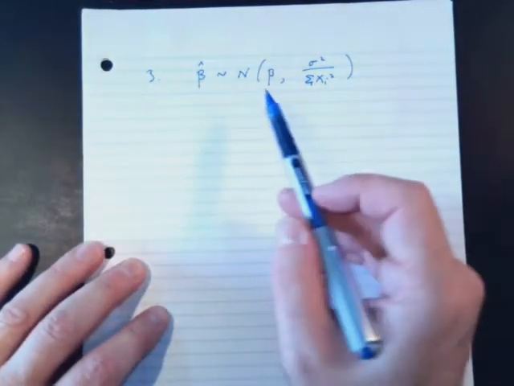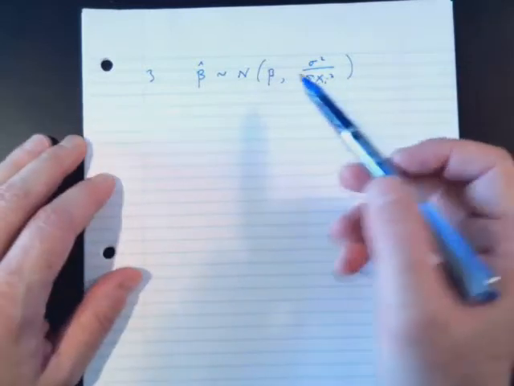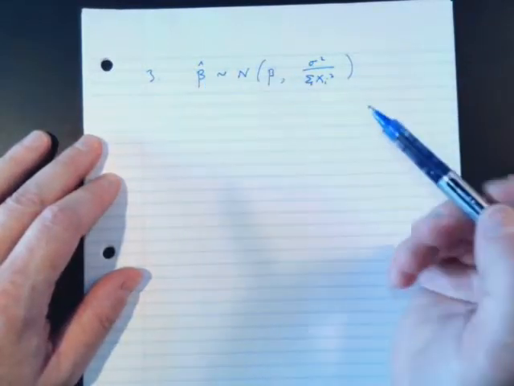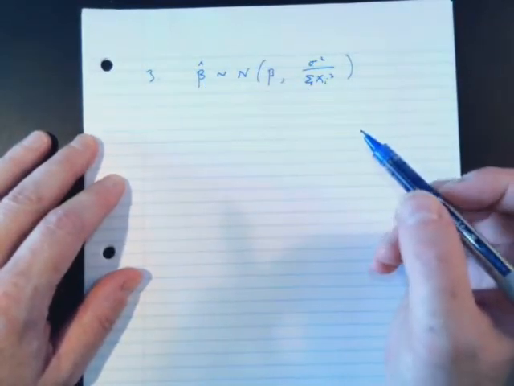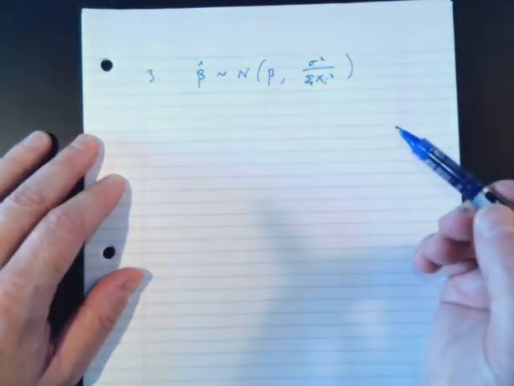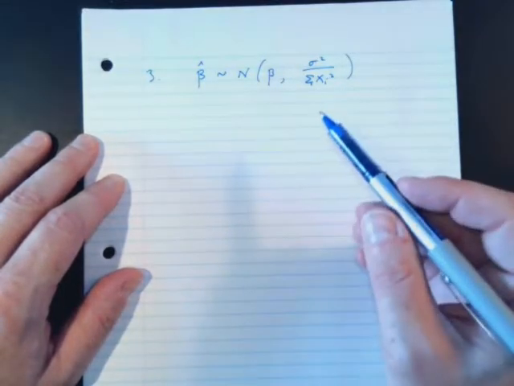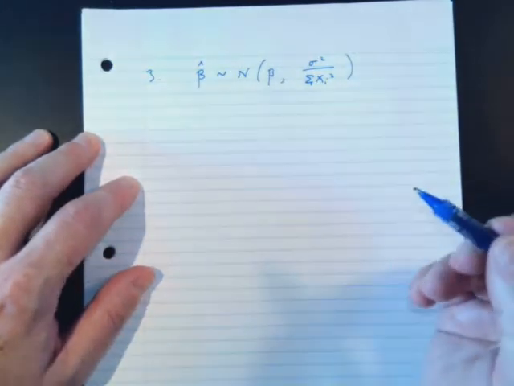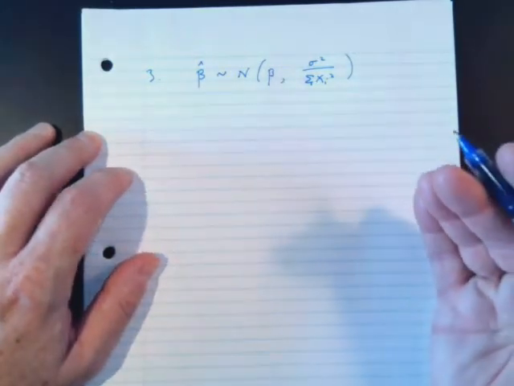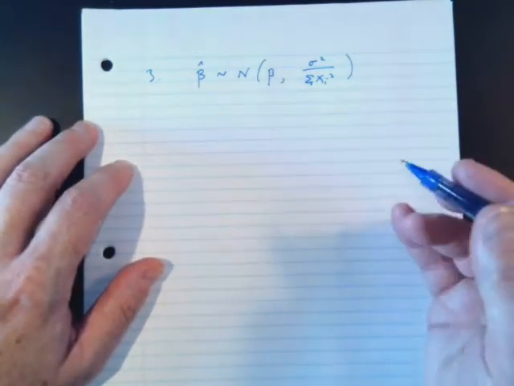So this property just ties the other properties together, but it says beta hat follows a normal distribution. And because we now have a distribution for beta hat, it means that we can do things like make confidence intervals and make probability statements.